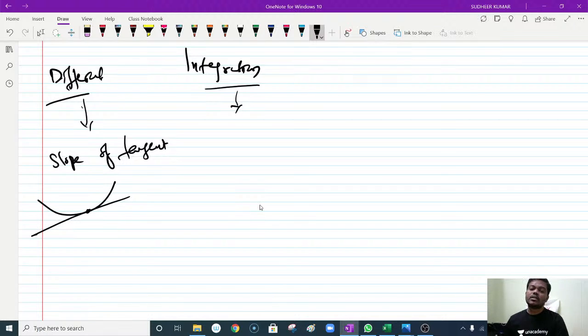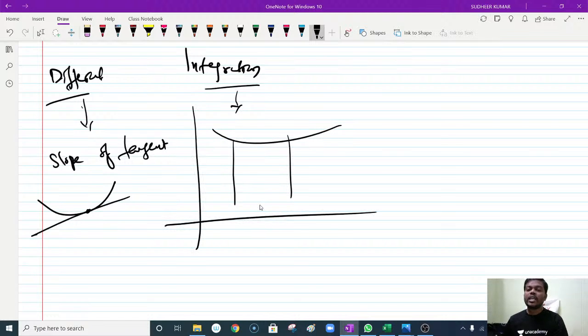Integration is used to find the area under the curve between the given limits. So here we use integration, right? If you join the special classes, we'll discuss in detail with more types of MCQs.